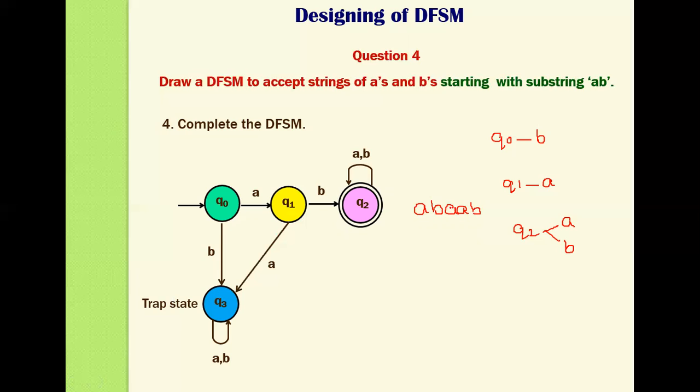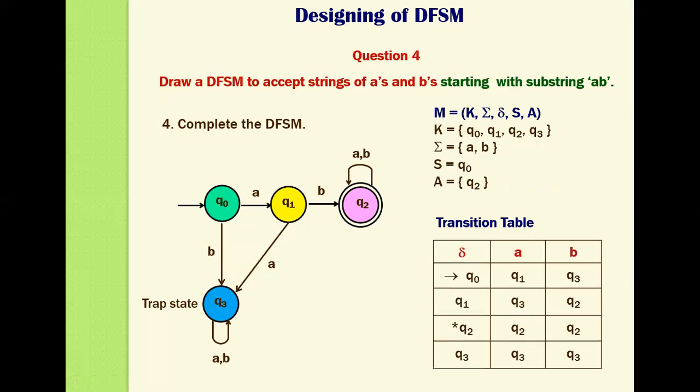A, B, anything is possible. A, B, A, A, B is in the final state. So A, B, A, any number of times you can give, and it is still in the final state. So you have to draw the transition table accordingly.